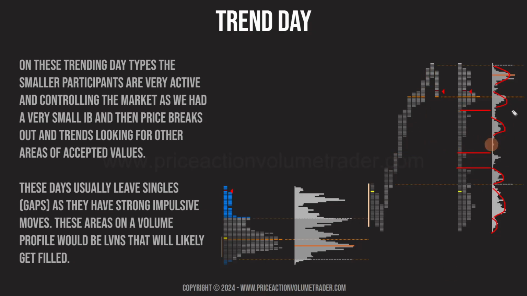And if we look at the volume profile, we have a lot of little high volume nodes right over here, and in between those nodes we have low volume node areas. So these are going to leave very key levels to look for support and resistance at these low volume node zones, and this gap fills into the singles.